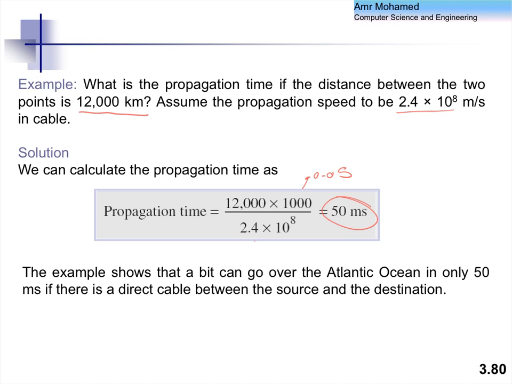We multiply by 1,000, we get it in milliseconds: 50 milliseconds. So 50 milliseconds is enough for a signal, whether digital or analog, to travel through a fiber optic under the ocean for a distance of 12,000 kilometers. These are practical numbers on average. And 50 milliseconds, by the way, in networks is a significant amount of delay.